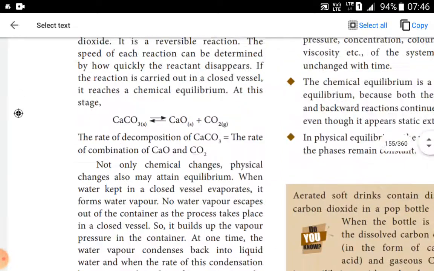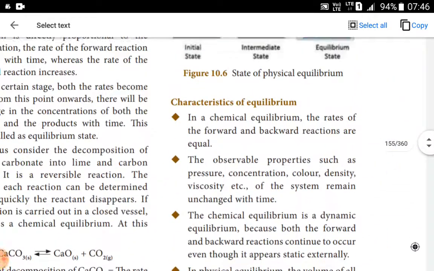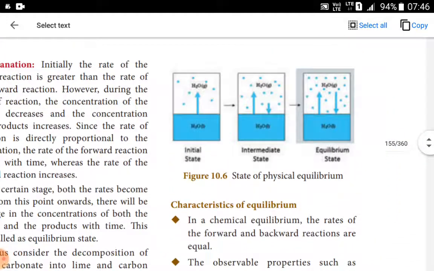Next, see, here a diagram is given which explains the state of physical equilibrium of water. Initially, the water is converted into water vapor, so the forward reaction is faster. Then in the intermediate state, water becomes water vapor, and the water vapor slowly tries to condense into water.